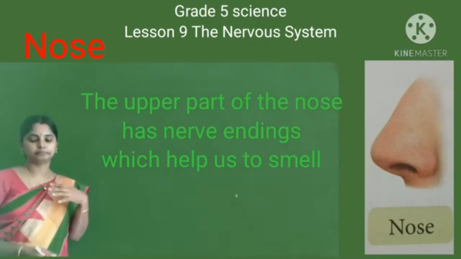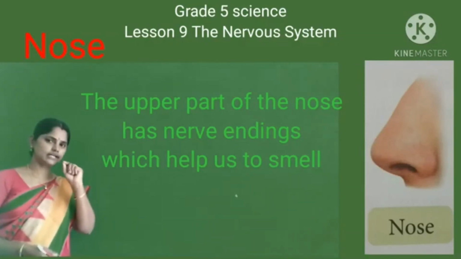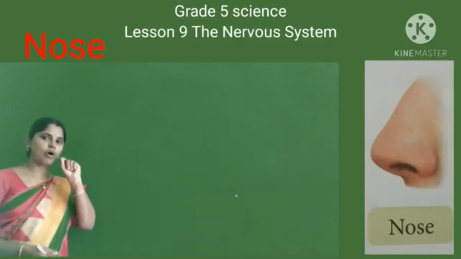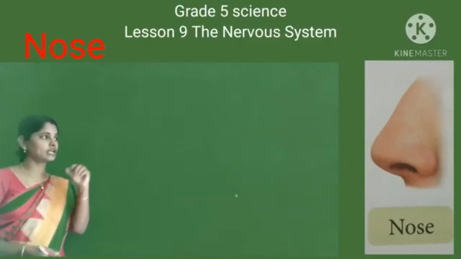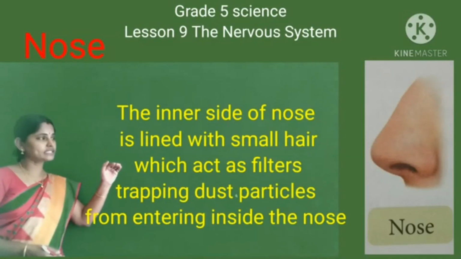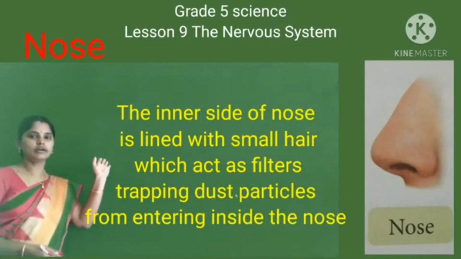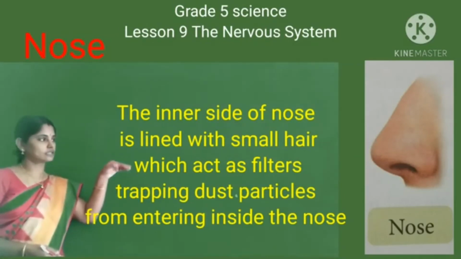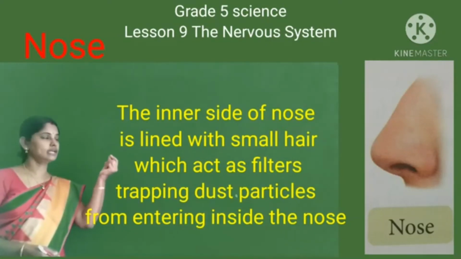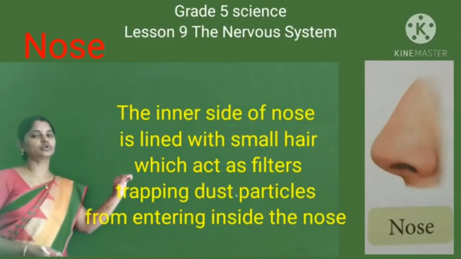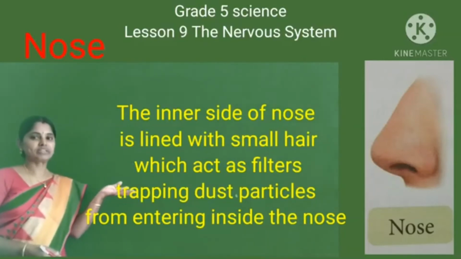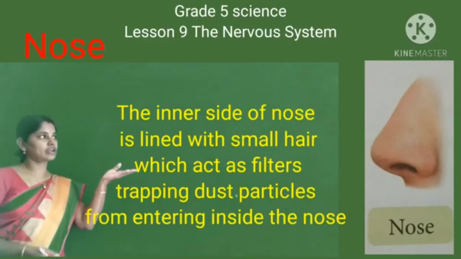See, inside the nose, we can see small hairs also. They prevent the dust particles from entering into the nose. The hair present inside the nostril actually prevents the dust particles from entering inside the nose. And how to take care of the nose?